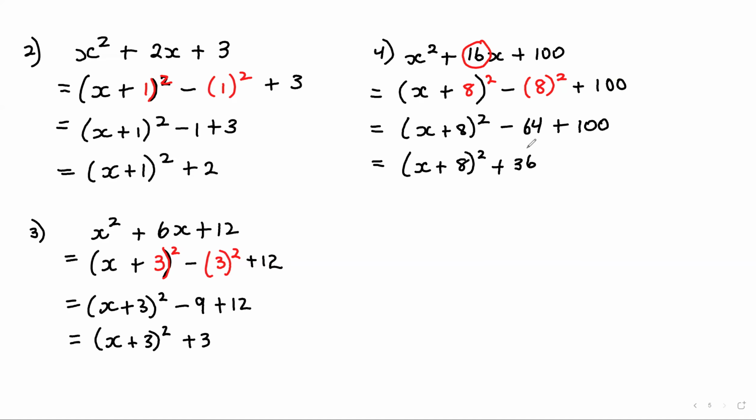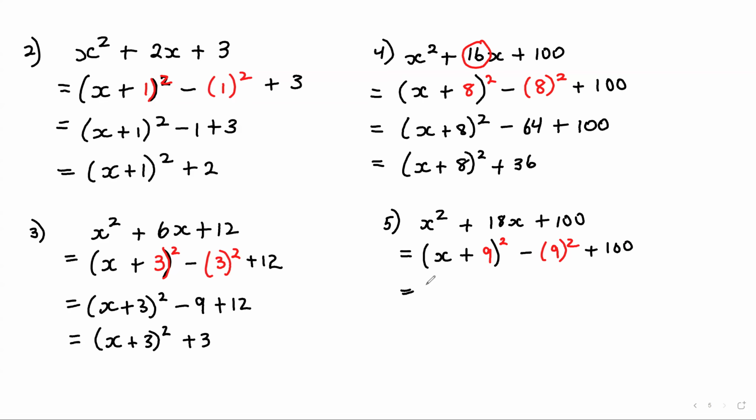All right, Nia, let's do one now. So x squared plus 18x plus 100. So it will be open brackets x plus 9, close brackets squared, minus 9 squared again, 100.